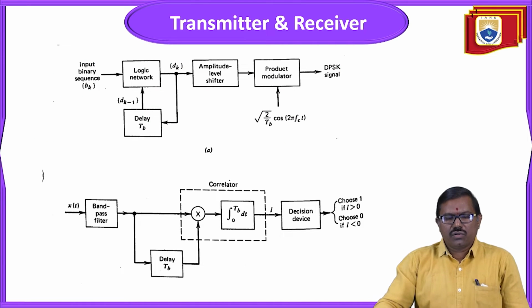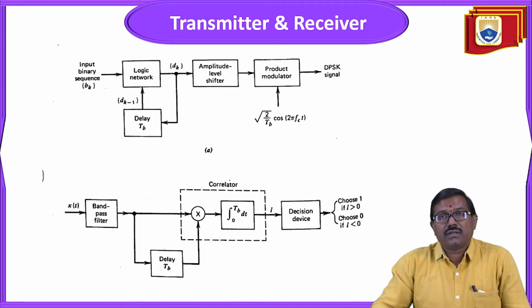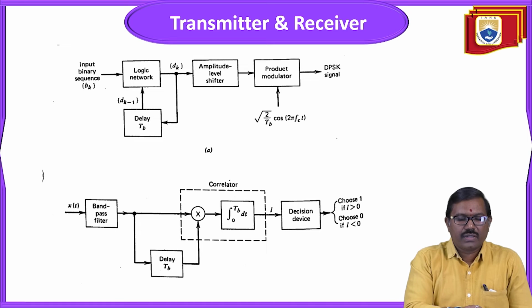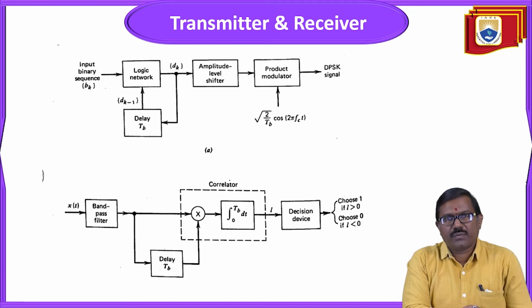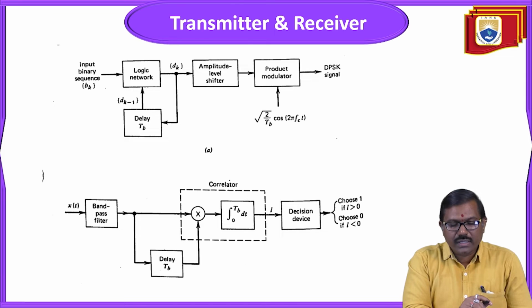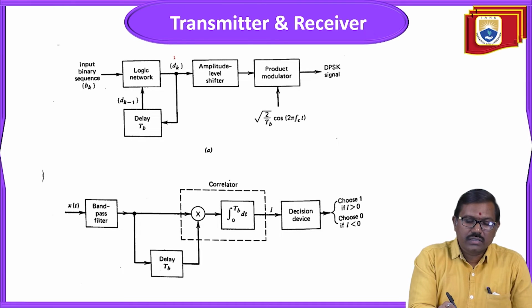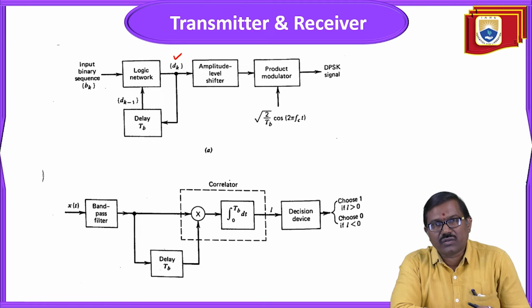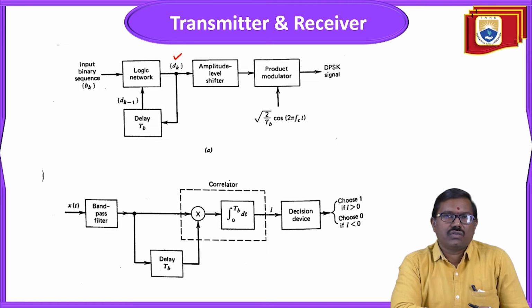Okay, so this is the transmitter and receiver for a DPSK. Here you can see the input binary sequence is coming, which we can call BK. By using BK, this DK is generated, that is the differentially encoded sequence. How is this differentially encoded sequence generated?